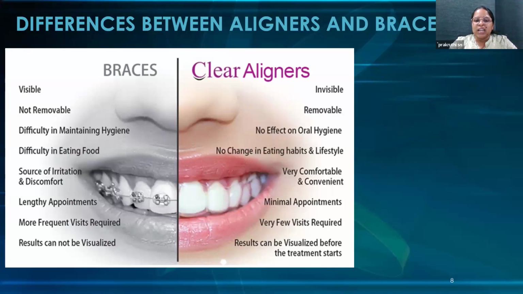With respect to clear aligners, let me be very clear. For a simple spacing case or a simple relapse case, the treatment can get over within minimal appointments or within a shorter time. But when it comes to difficult cases, crowded cases and all, clear aligners will also go on for a longer time.